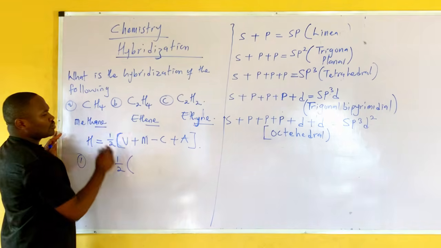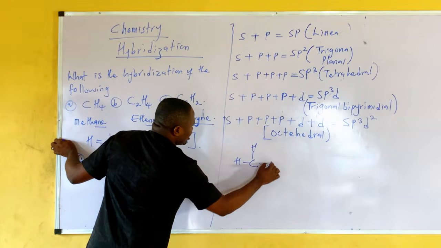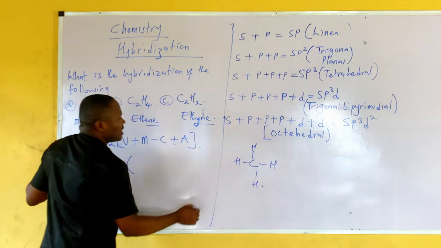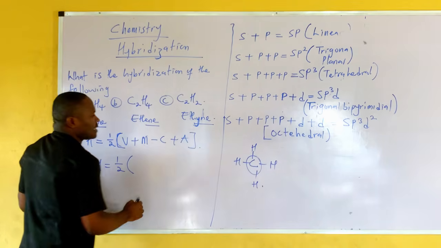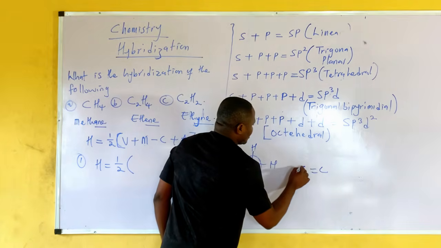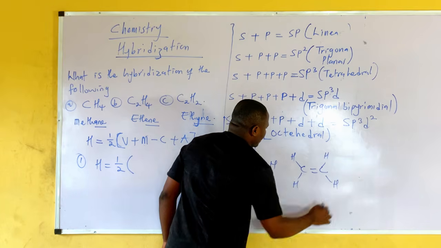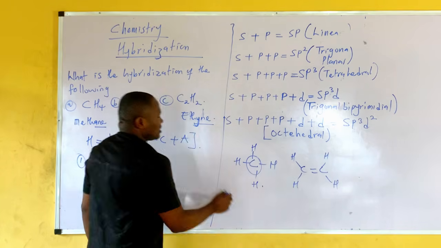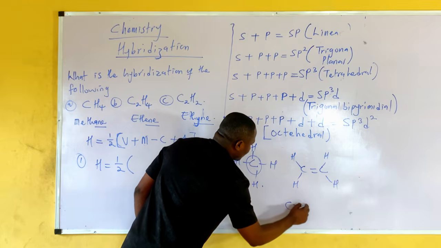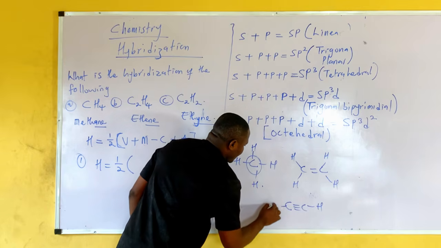For this compound, it's expressed as CH4, where carbon is the central atom. But this is expressed as C double bond C, H, H, H, H. Then this is written as C triple bond C, H, H.